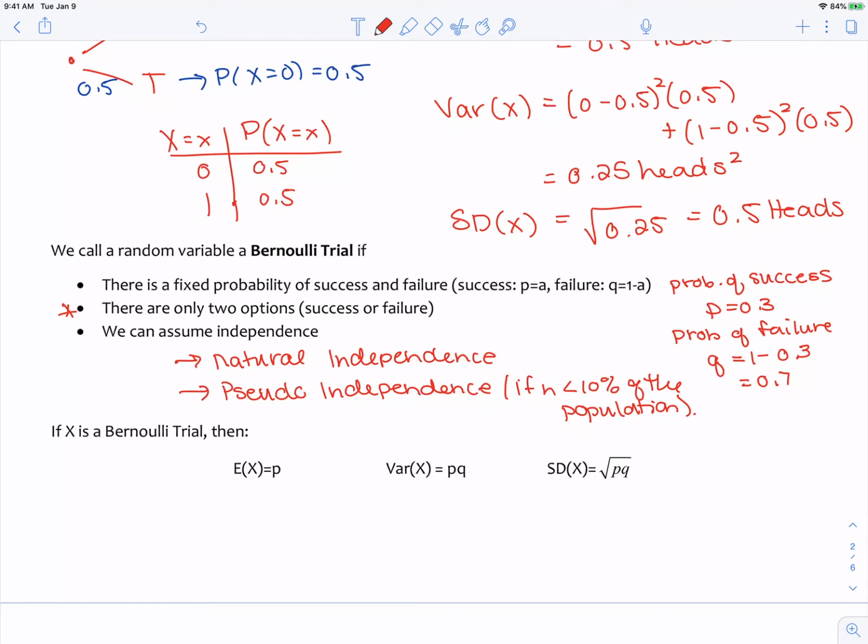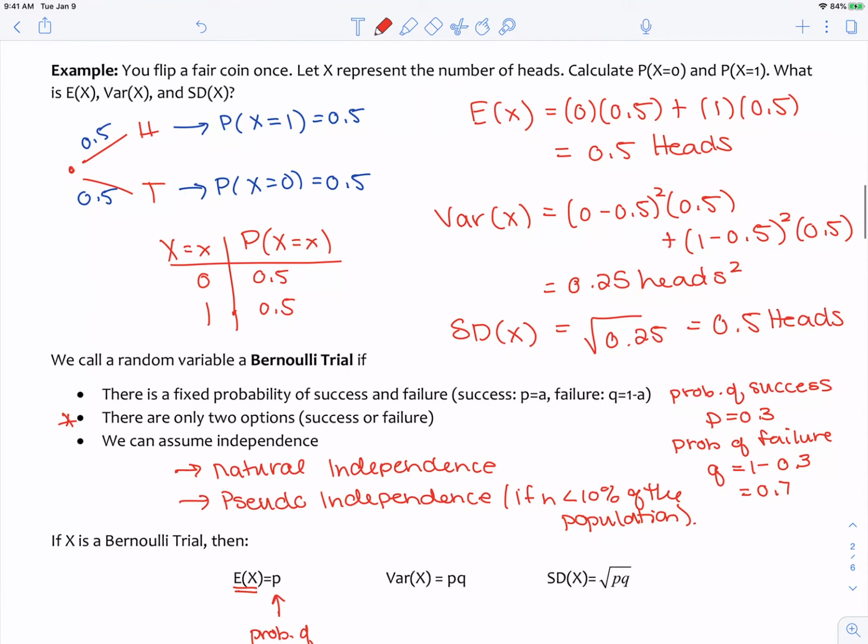So if X happens to be a Bernoulli trial, then we actually get some pretty cool information. We can go back to our previous example to verify that. If X is Bernoulli, then that means the expected value of X is going to be equal to P, the probability of success. Well, that actually is true up here.